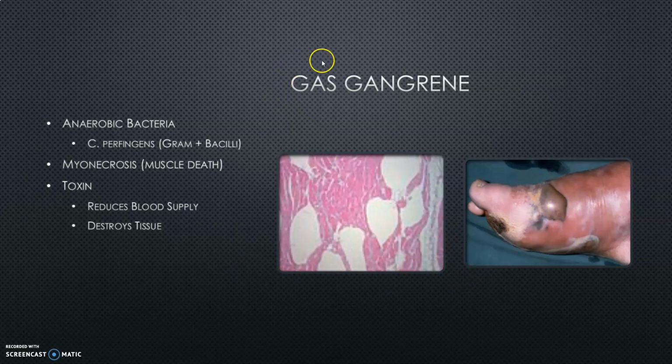And gas gangrene also has a particular smell. That gas can have a particular smell. C. perfringens is actually also one of the most common bacteria involved in food poisoning. Not causing your intestines necessarily to necrotize, but food poisoning is commonly from that bacteria.